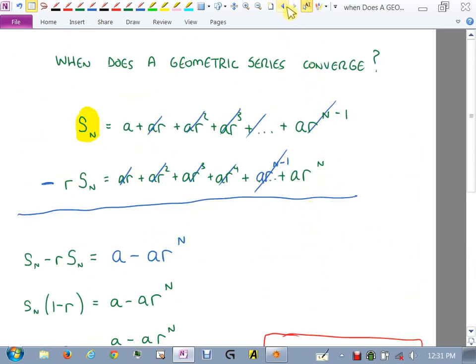Okay, so let's go back and take a look at this example we just had. What was it? 1 plus a half plus a fourth plus an eighth plus a 16th, right?